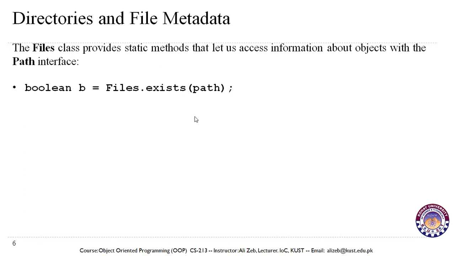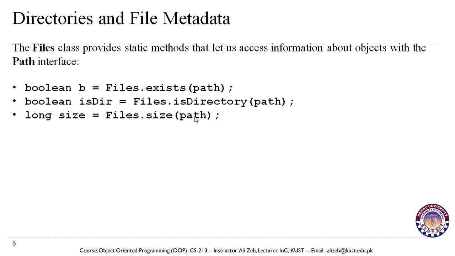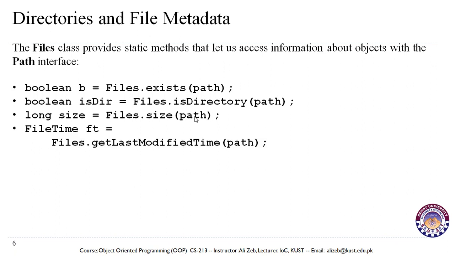For example, if you want to know if a path exists, you can call the exists method of the Files class. If you want to know if a given path is a directory, you can use the isDirectory method. And if you want to know the size of the path, you can call the size method of the Files class. These are all static methods.